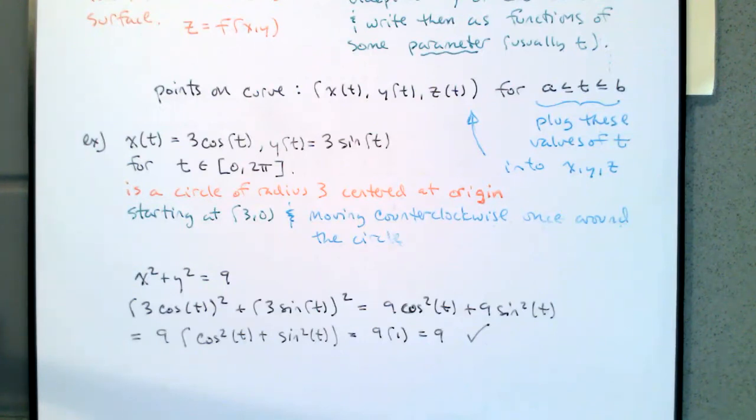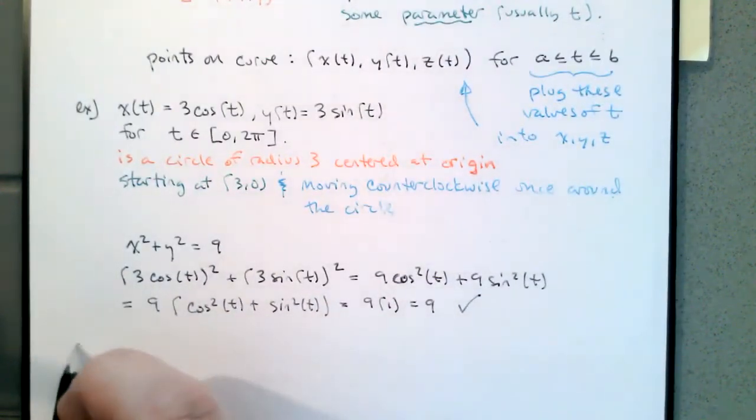At this point, we might notice that there's nothing special about cosine squared plus sine squared versus sine squared plus cosine squared. So what if we switch the roles of cosine and sine?